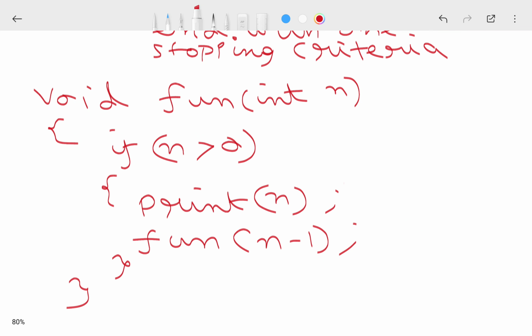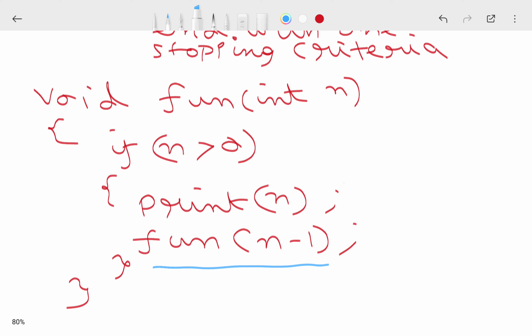So this is a recursive function, the function fun. In this function, this particular line is a recursive call. Initially the function takes one argument, that is n.